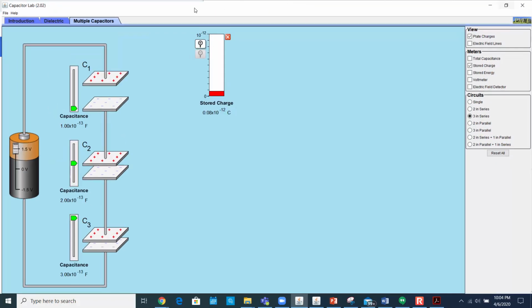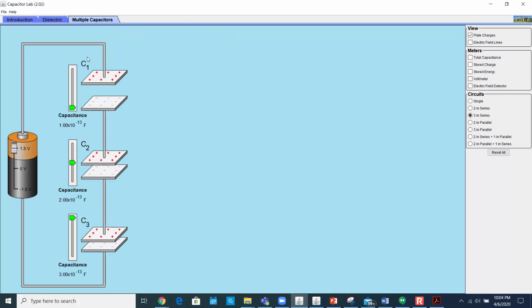So we have three capacitors, C1, C2 and C3. C1 is 10 microfarad, C2 is 20 microfarad and C3 is 30 microfarad, and I have applied 1.5 volts. As I mentioned, the total capacitance has to be smaller than 10 microfarad.